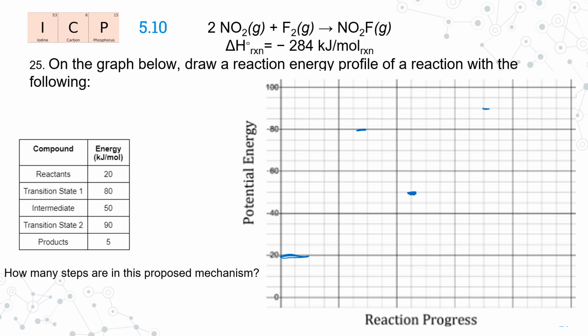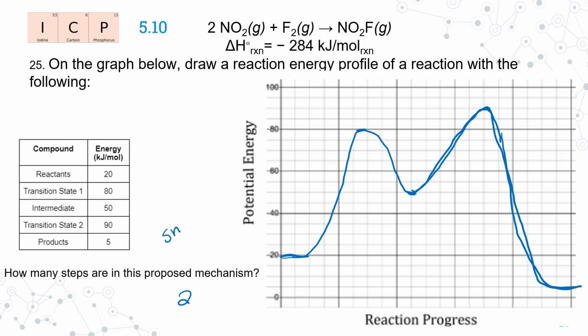Another transition state at 90, and our reactants at 5. So we're going to go up and down and up and down. Okay, not my prettiest reaction profile. The only question on this is how many steps are in this proposed reaction? And there's 2, because I have 2 humps. Which step's going to be my slow step, the first step or the second step? It's going to be second step.